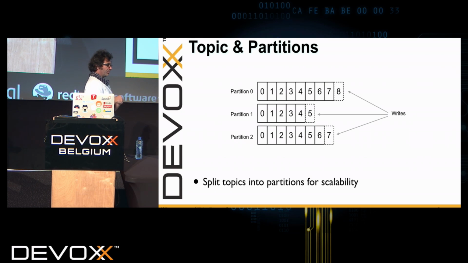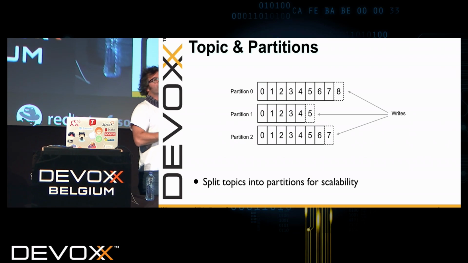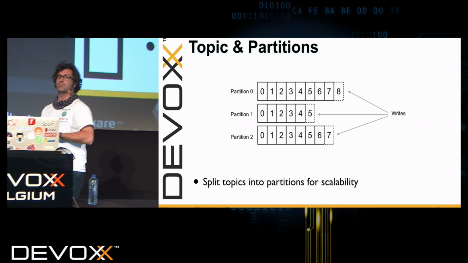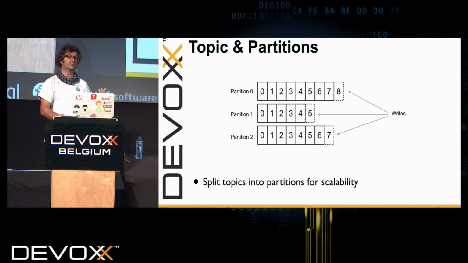But the way it has been done in Kafka for scalability is that for each topic on which you push messages, you may have multiple partitions. And each partition will be physically stored on different physical servers, if you have multiple servers.